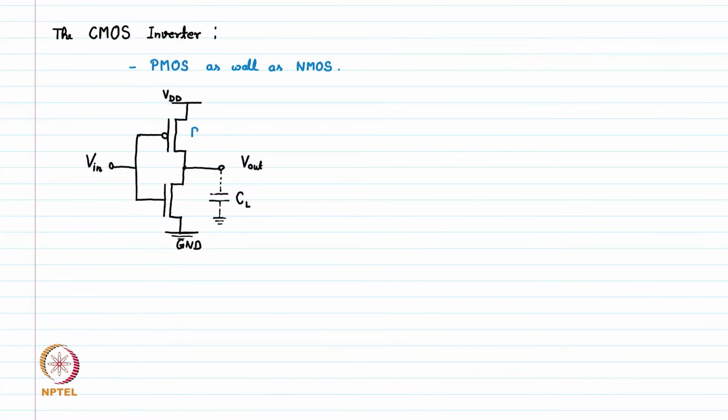This is your PMOS, and this is your NMOS. And why do we study the CMOS inverter? This is the nucleus of ICs. This is omnipresent in almost all of the electronic circuits.